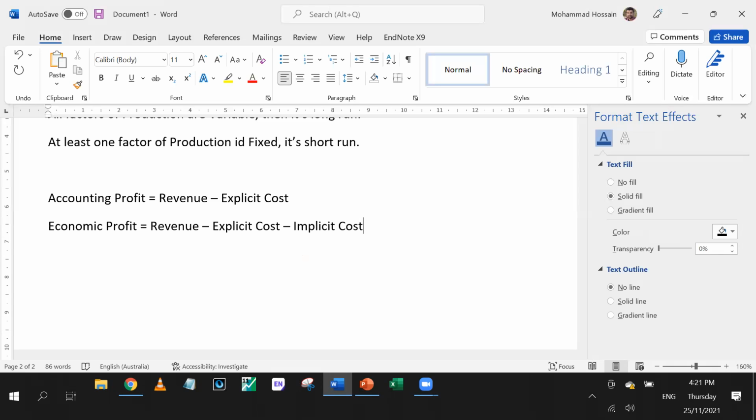So you will not receive this money when you invest the money into the business. That is a sort of loss. It is a cost too. We call it opportunity cost. This opportunity cost is also considered in economic profit. This is known as an implicit cost, we call that.